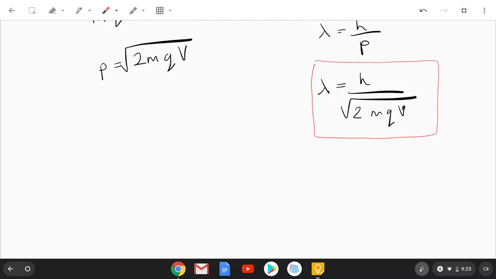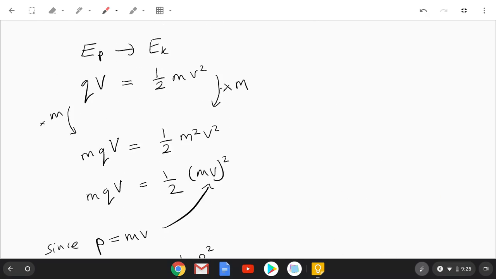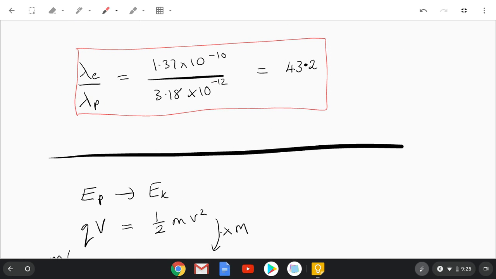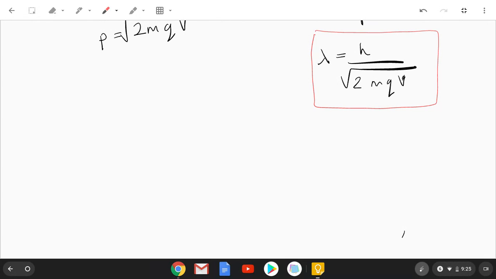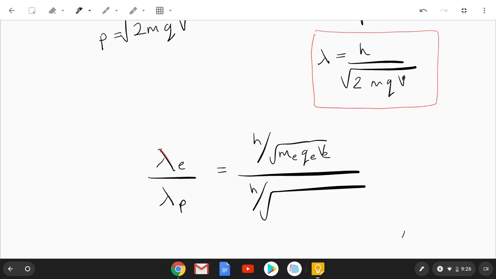So if you wanted to create a set of ratios to answer my question of the wavelength of the electron over the wavelength of the proton, you could have rearranged this equation and written: h over the square root of the mass of the electron times the charge of the electron times the voltage that the electron is accelerated between, over h over the square root of the mass of the proton times the charge of the proton times the voltage that the proton has been accelerated through.